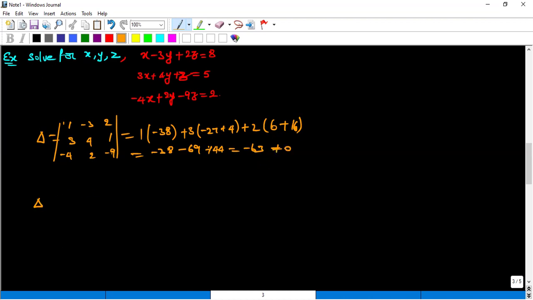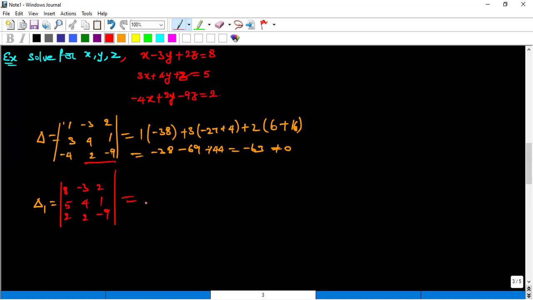Now find delta 1. How to find delta 1? The first column will be replaced with D1, D2 and D3. So I will write D1, D2 and D3: 8, 5, 2. The remaining two columns come as they are: minus 3, 2, 4, 1, 2, minus 9. Calculate the determinant for that.